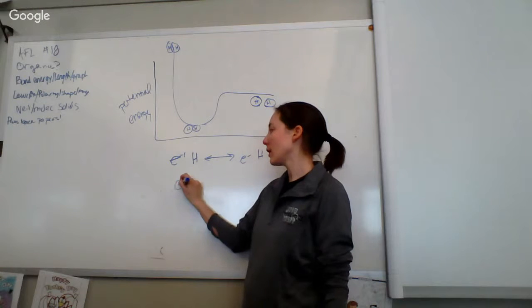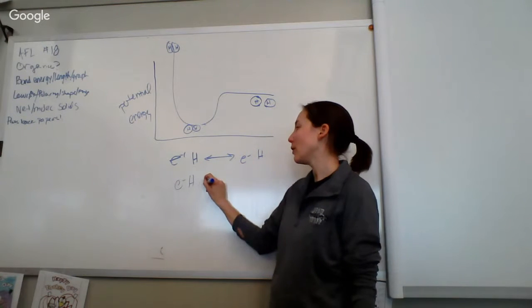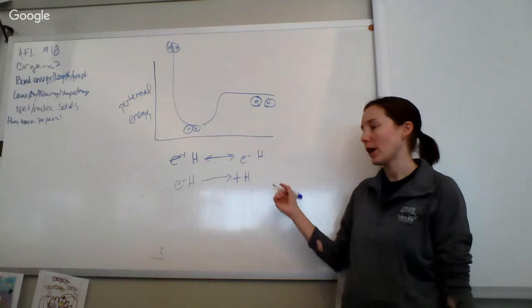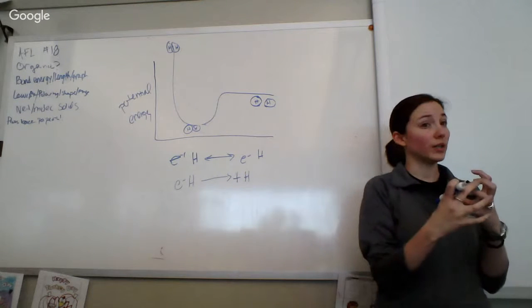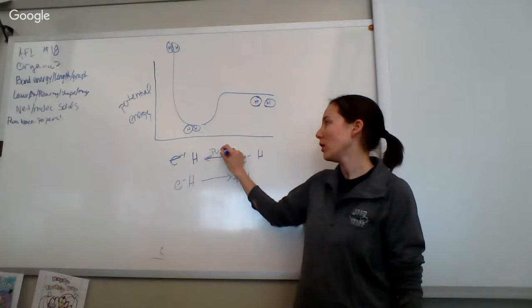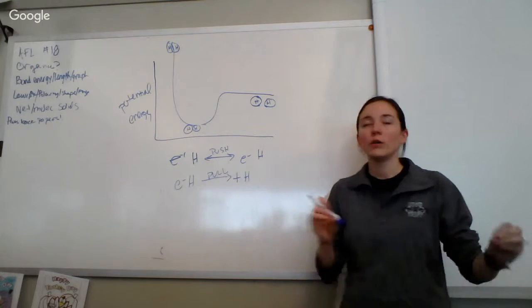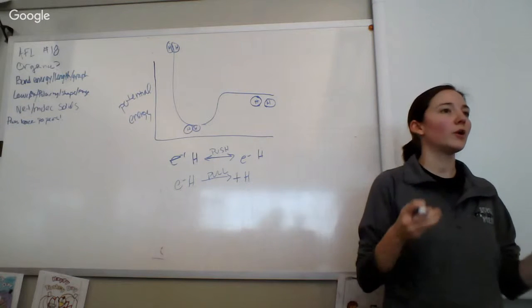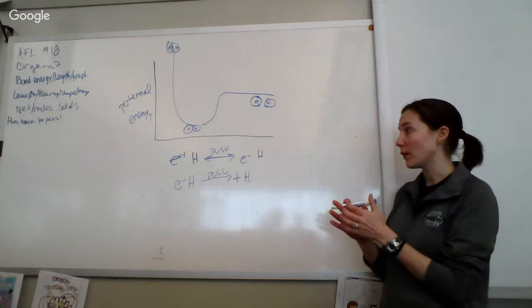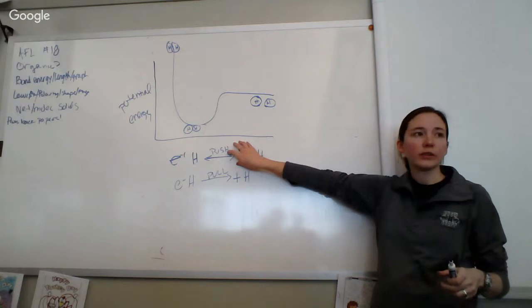But you also have the electrons on one hydrogen that are being attracted to the positive protons of your other hydrogen. So they're being pulled together. And so if we think about this as being a push and this here being a pull, that's always going to be counteracting each other, right? And so if you get them too close together, then those pushing forces are going to be too great.